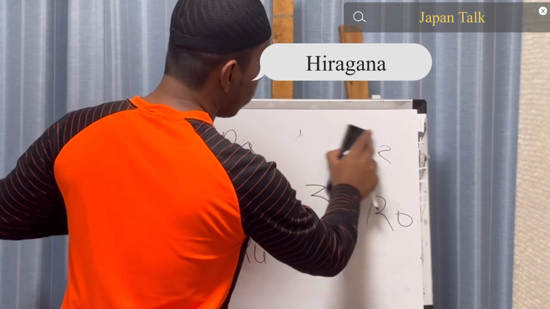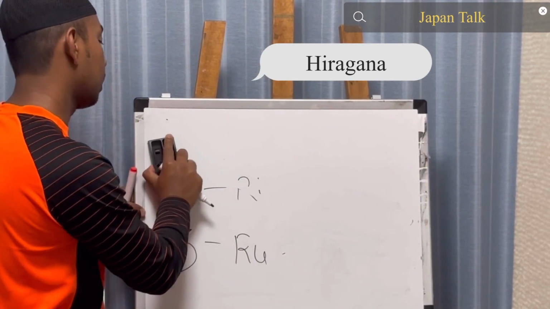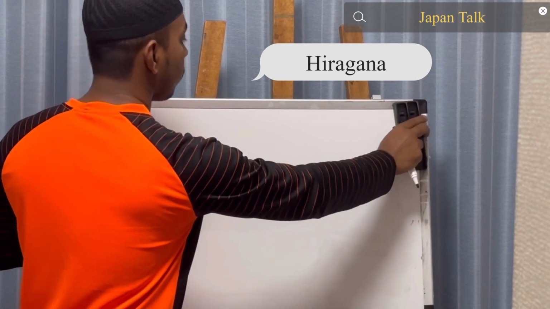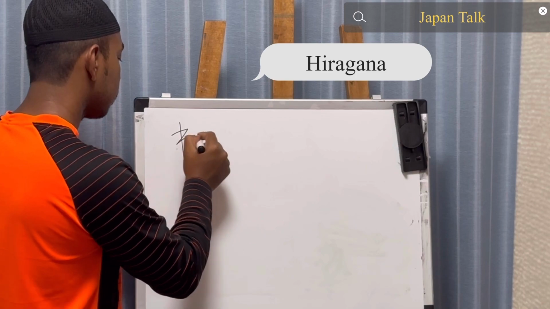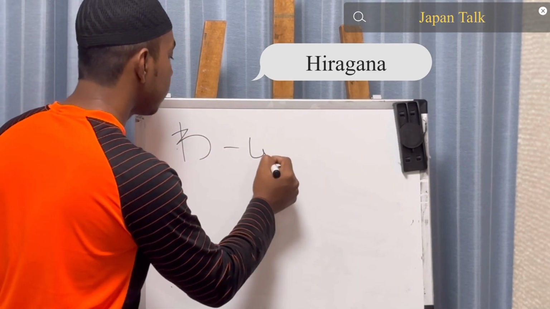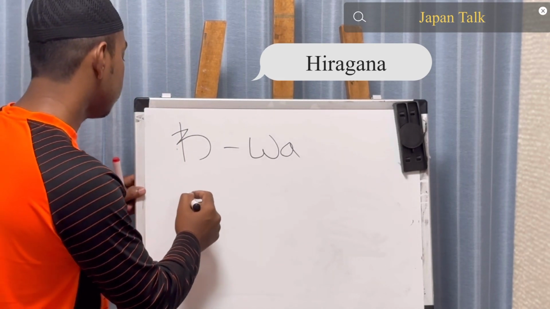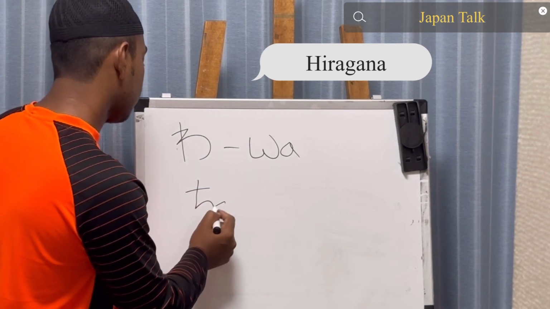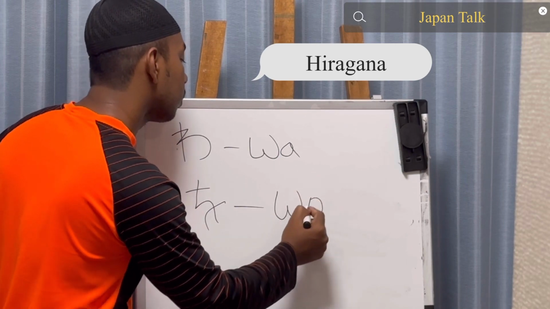And now we are going to learn the last 3 Japanese alphabets. Wa. And this is called o.